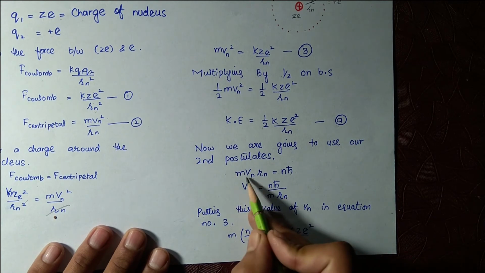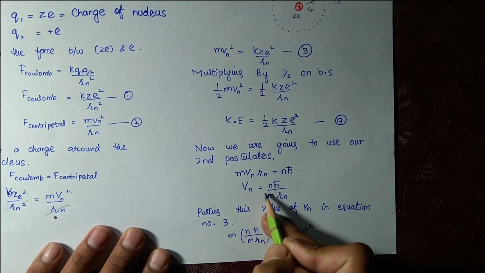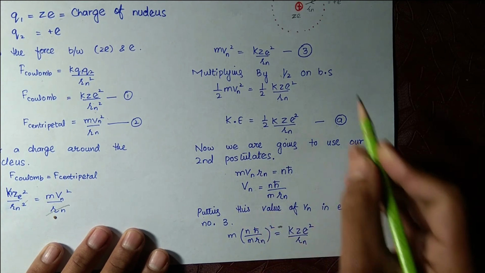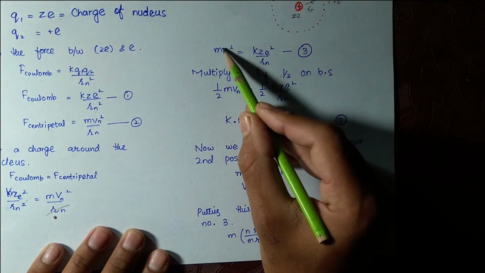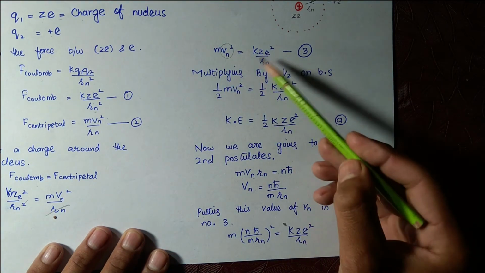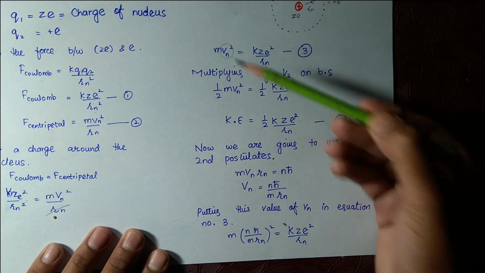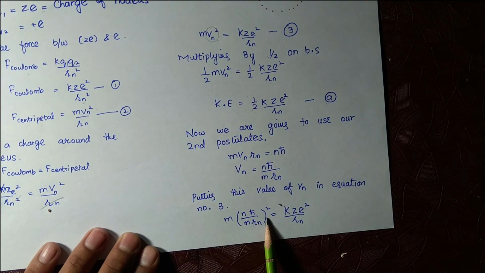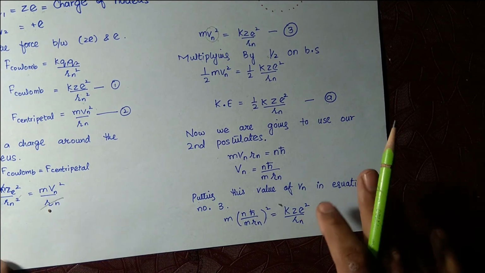From this we find the value of vn, and putting this value of vn in equation number 3, our equation will be in this form.